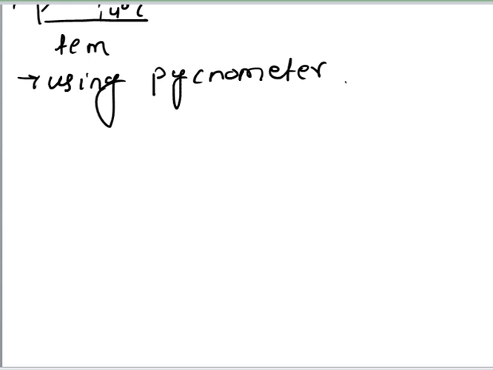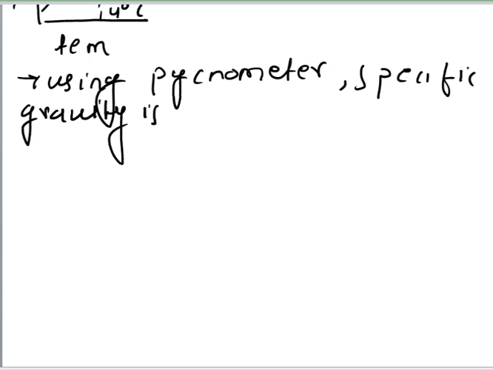Using Pycnometer, specific gravity is determined. All the procedures are same as the first method, but the only difference is, in first method we required to find the water content.